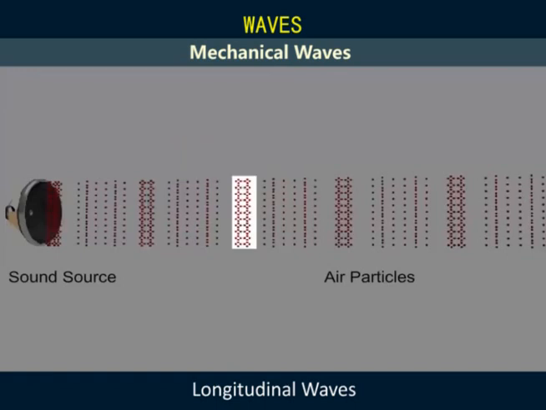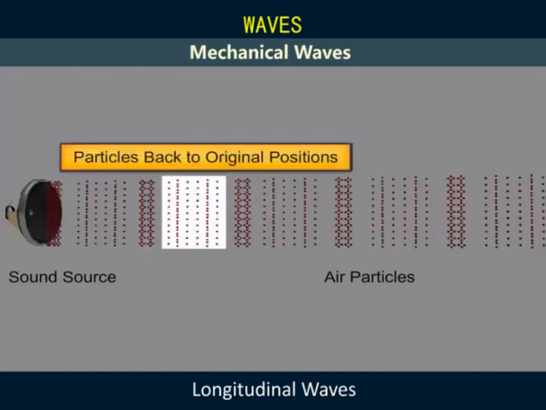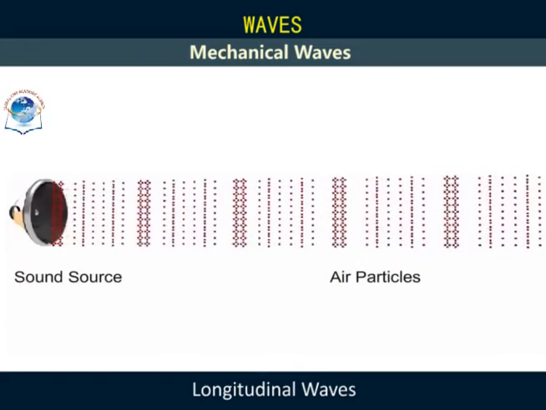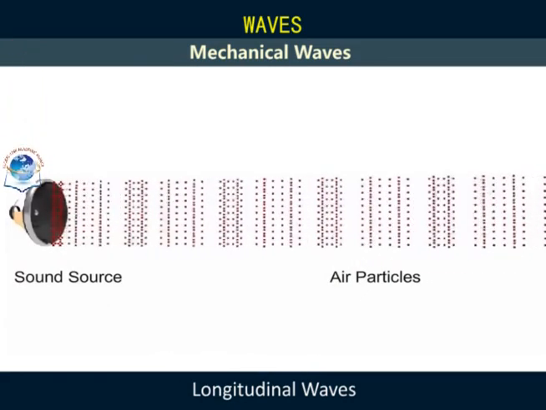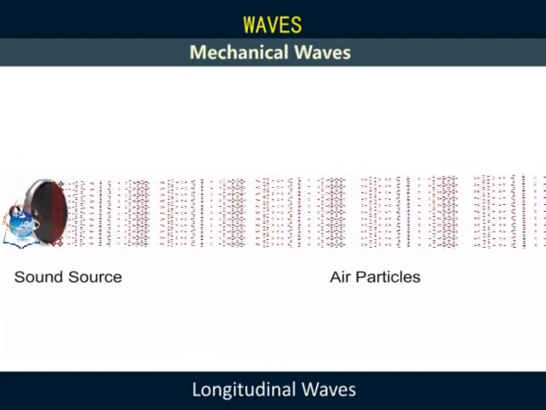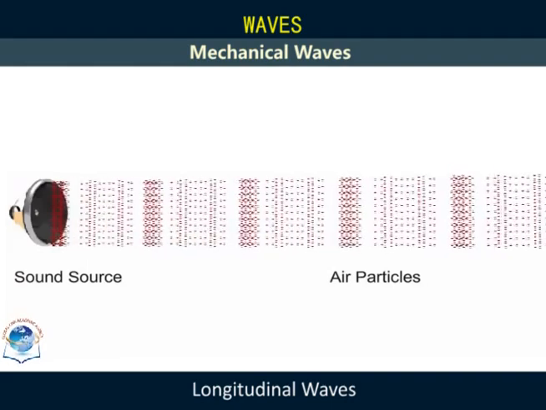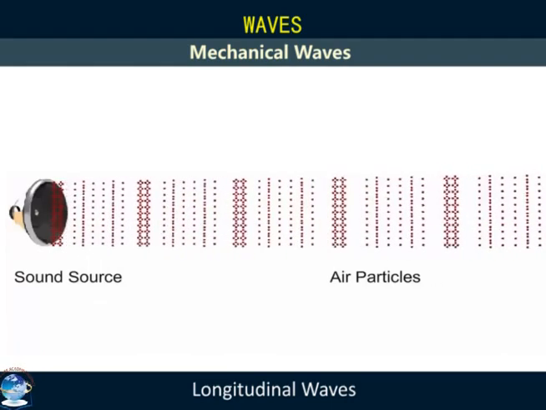After transmitting the pressure, the particles near the source return to their original position and expansion takes place. This cycle continues as particles compress and expand as they transmit pressure to their neighboring particles, forming bands of compression and rarefaction that travel from the source through air.